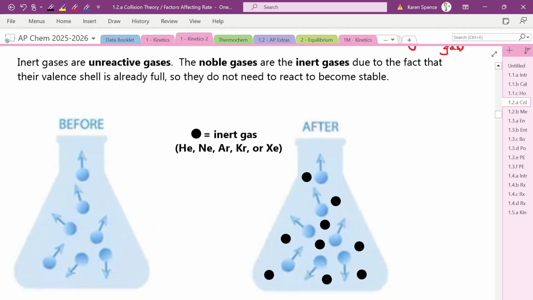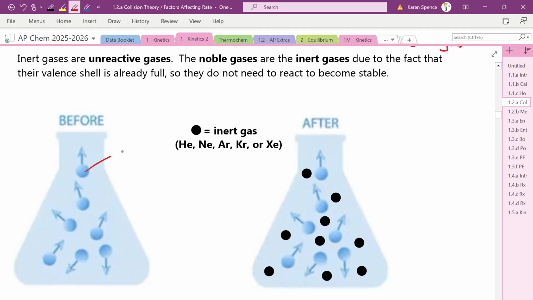So these are my reactant particles. And this black one, those are my inert gas. There should be stoppers on these things.